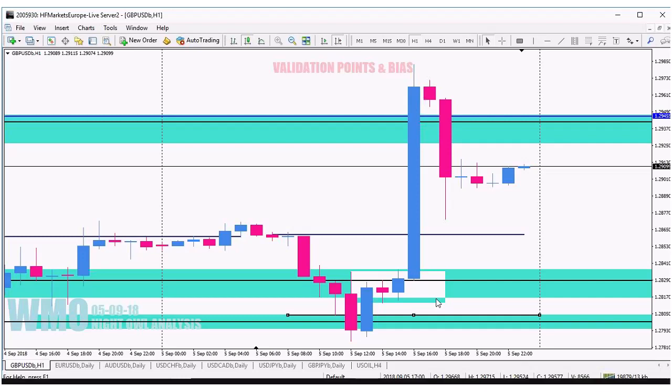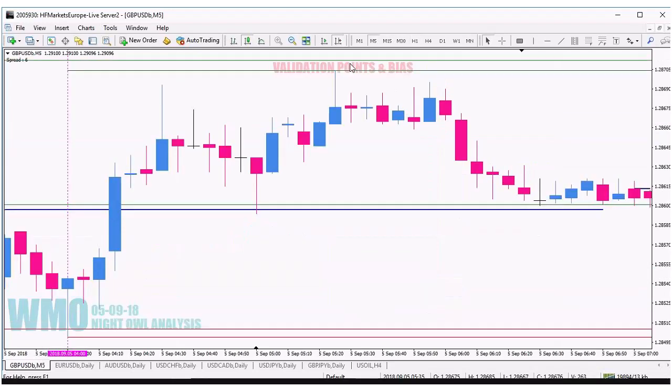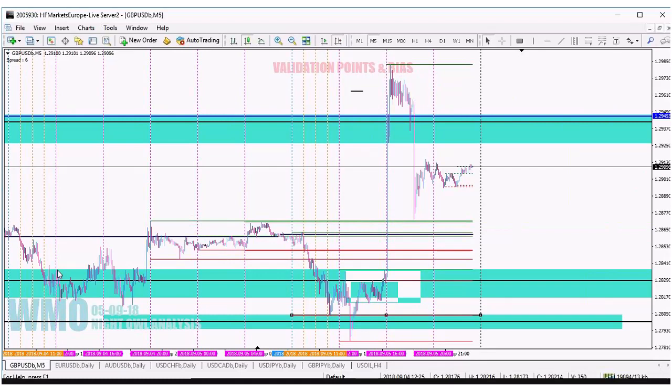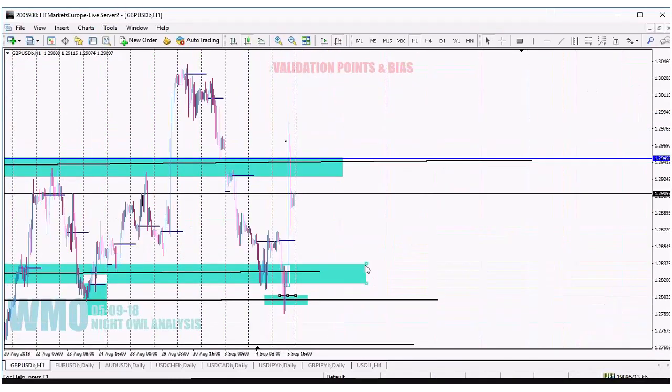So you can see this slight close above this level over here. What I then did was I marked the wicks out, just the wick area. I went down to M5. I need to clear everything now so you guys can see properly. Give me 2 seconds, I'll clean it out.